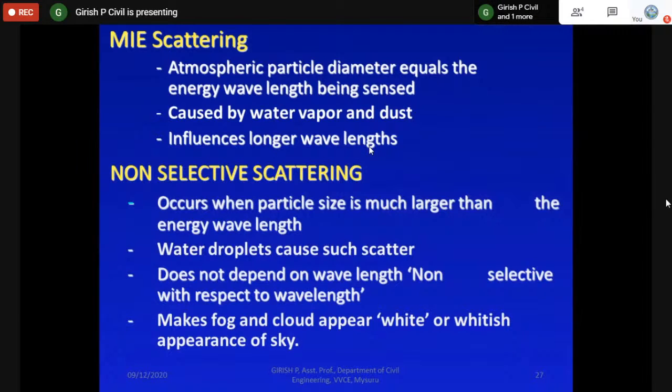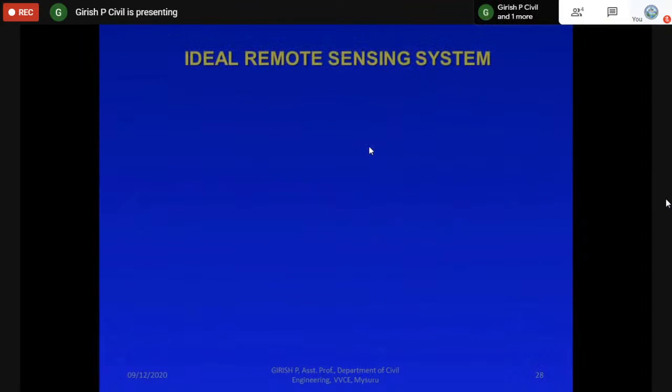Water droplets cause this scattering, which does not depend upon the wavelength of the radiation energy. Non-selective scattering makes fog and cloud appear white. The blue color of the sky is mainly due to Rayleigh scattering, while clouds look white because of non-selective scattering.